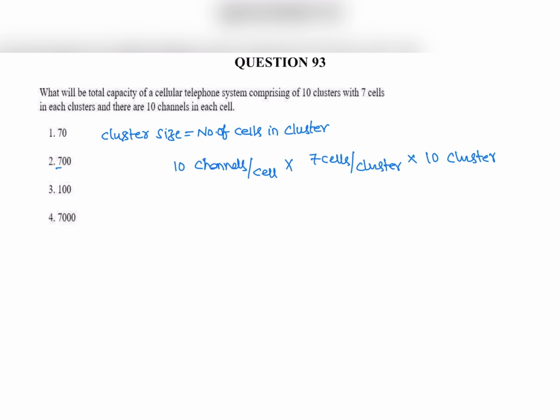So the total capacity is 10 times 7 times 10, that is 700 channels. The total capacity is 700 channels. Next question.